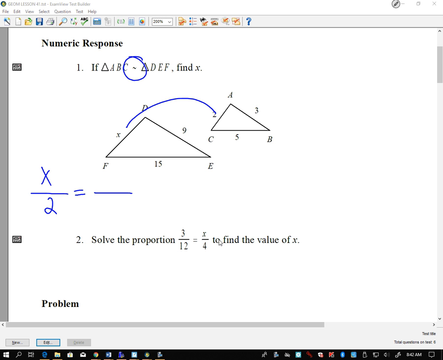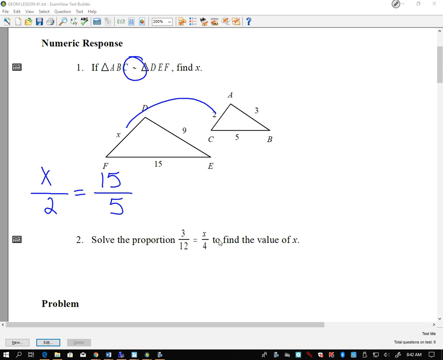Not big triangle to itself necessarily as much as big triangle to little triangle. So you recognize that X was to 2, right? It was a corresponding side. So I want another side of my big triangle, and I want it over a corresponding side of the small triangle. So 15 over 5 would work.